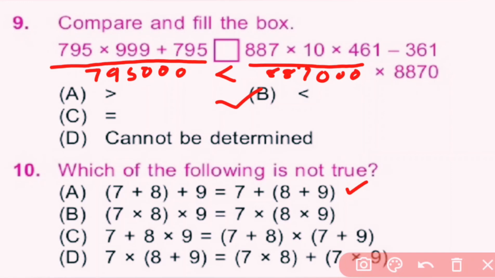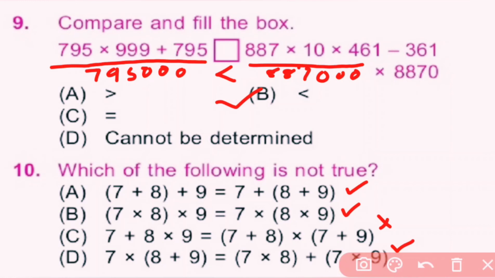Option B. It is also a true statement. It is based on the associative law of multiplication. Option C. This is an incorrect statement. And option D. It is based on the distributive law of multiplication over addition, and it is a correct statement.